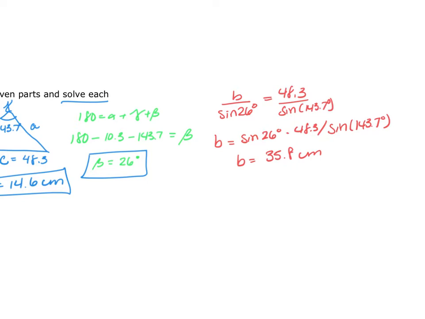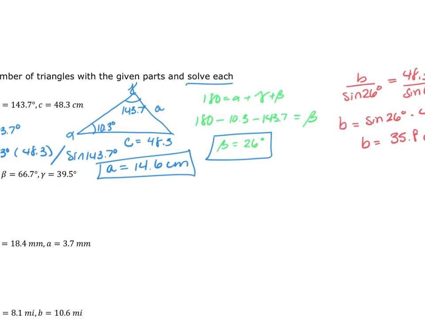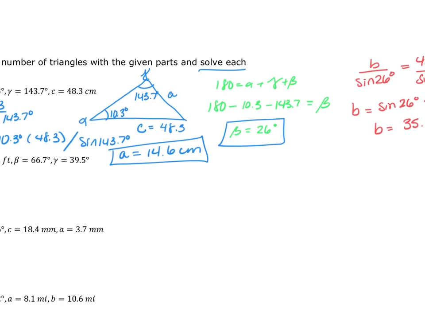Now let's just talk about what I've got. My smallest angle is 10.3 degrees, and the side opposite my smallest angle is 14.6. So that makes sense. The medium-sized angle, it's like Mama Bear and Papa Bear and Baby Bear. Here's Mama Bear.